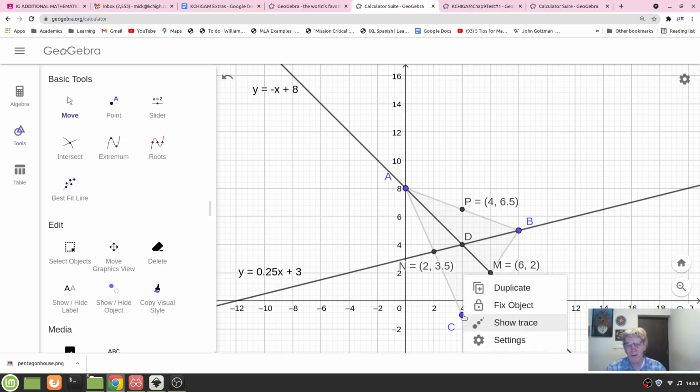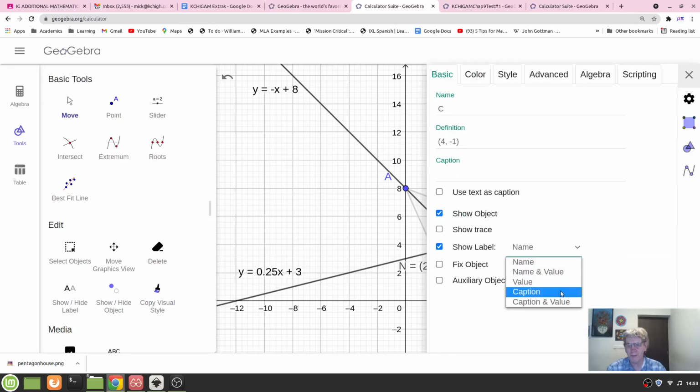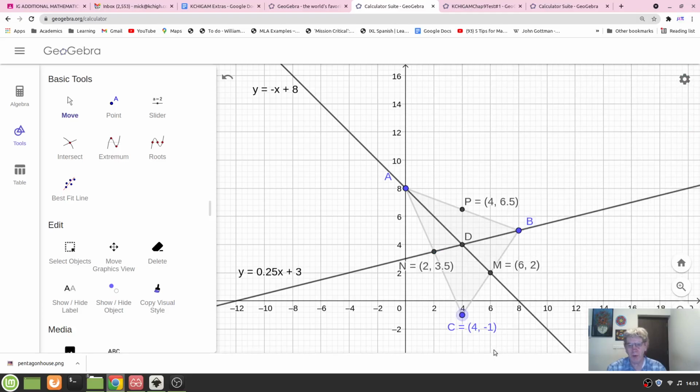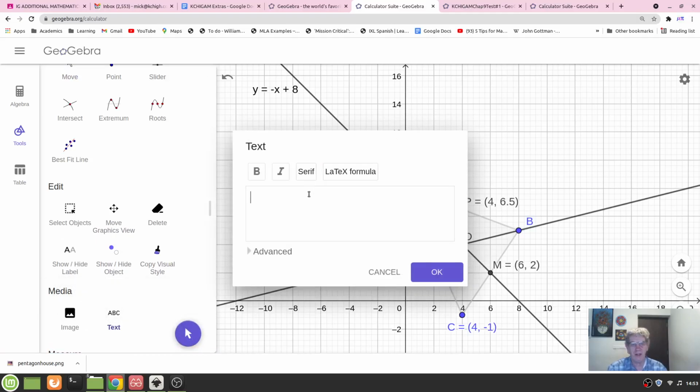Now remember, the coordinates of C are -4, -1, and P is 4, 6.5. So therefore, let me just write this by using the text tool, okay, that CP is the line x equals 4, and you know, here I might even do something like this.